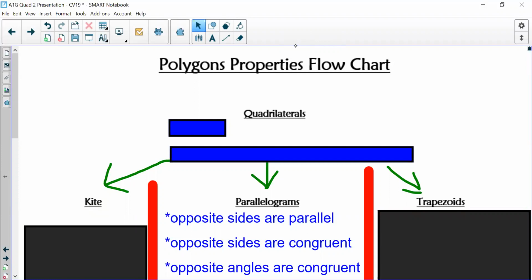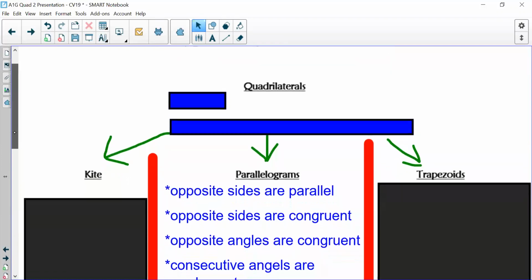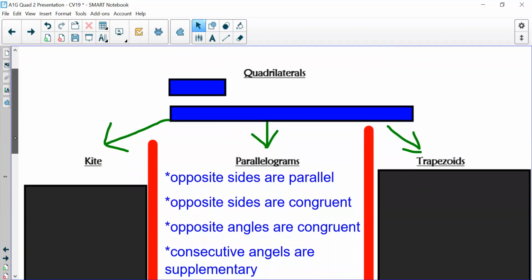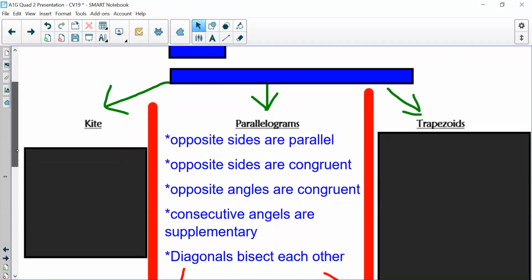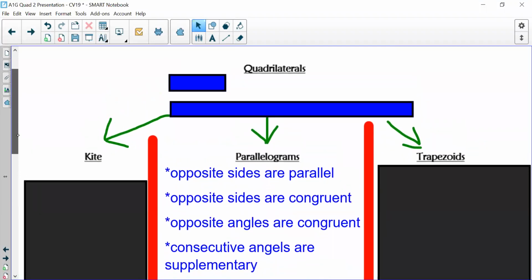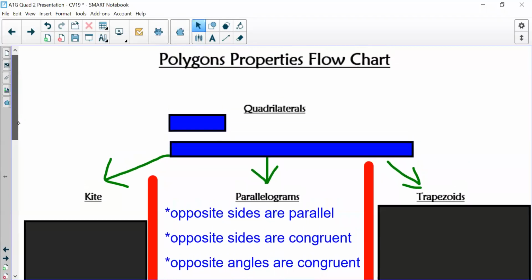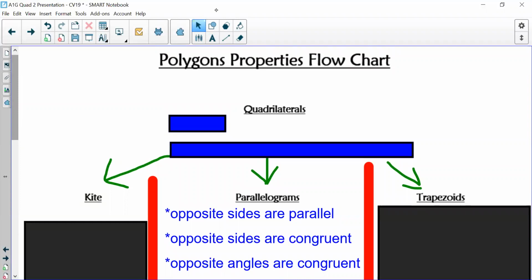So yesterday, the first quadrilateral we talked about was parallelograms, and we've got those properties down there. But we're going to back up to the top here and talk about the two main properties of quadrilaterals. Everything that's on this flowchart is a quadrilateral.